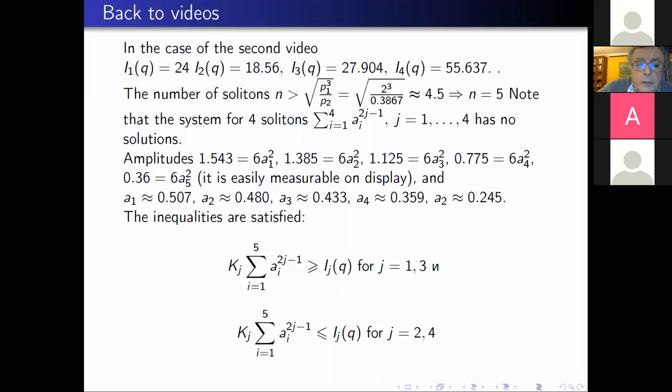Since the peaks, the amplitudes, are intimately connected to the conservation laws, these conserved quantities may be easily calculated, and they are given in this slide.